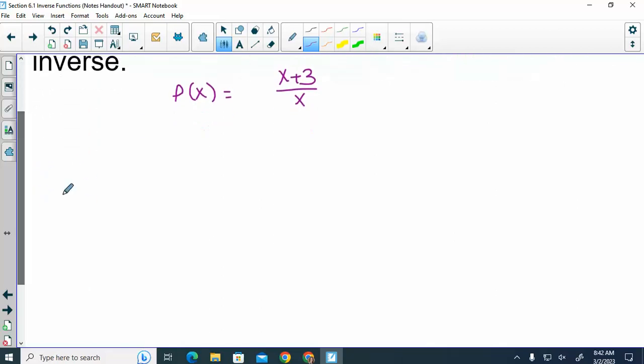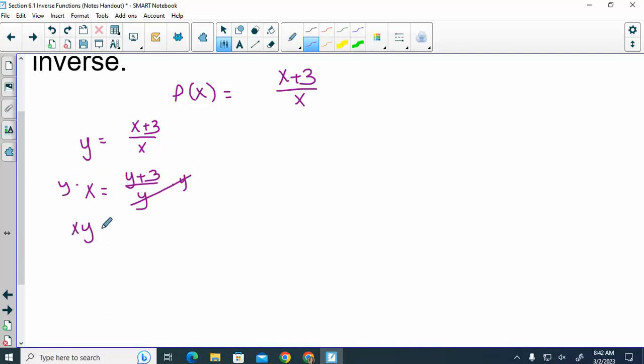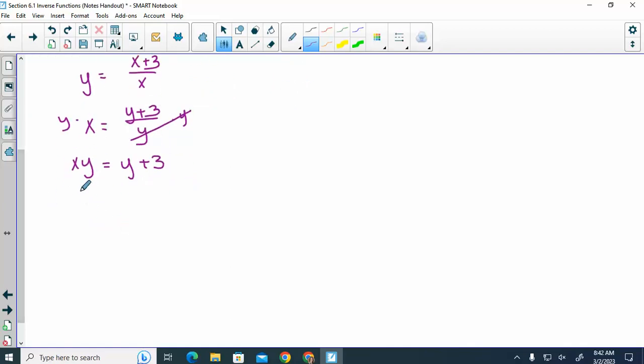So first, f of x becomes y. Then switch, so x equals (y plus 3) over y. We have to get rid of the fraction, so I'm going to multiply over my y. We're trying to solve for y, so we need them on the same side.